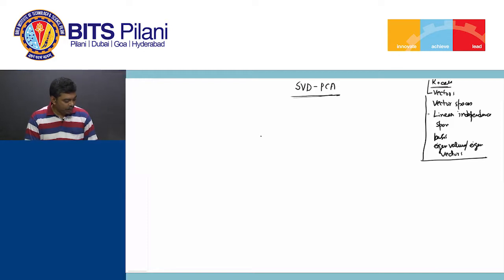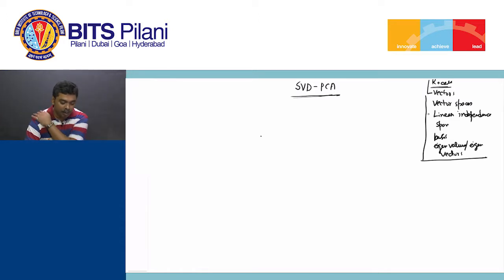There are some important results, and I'm not going to rewrite those. Some of the important results that we use in SVD are related to orthogonal matrices. In an orthogonal matrix, when you multiply the matrix with its transpose, it gives you back the identity matrix. More importantly, orthogonal matrices are used to interpret rotation as well as reflection.